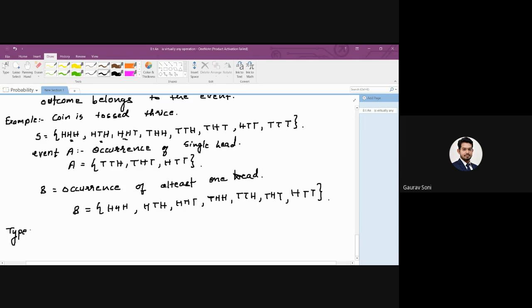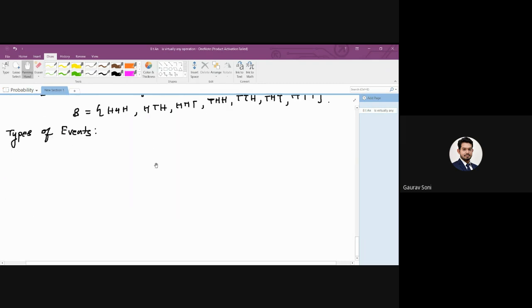So the next is the types of events. What different types of events do we have? Let's not waste time writing each and every definition, because many of the names are self-explanatory. Just looking at the event, we'll be able to understand the meaning of it.